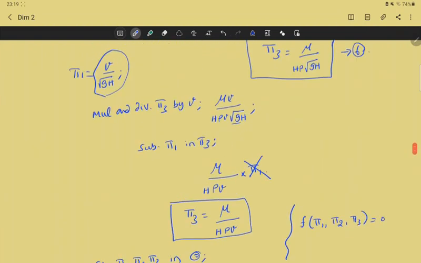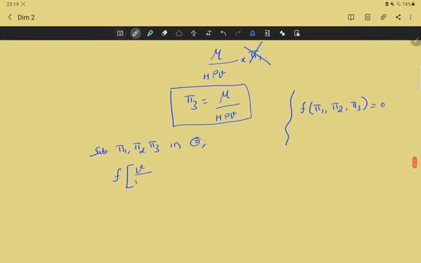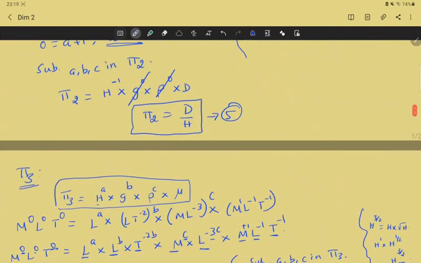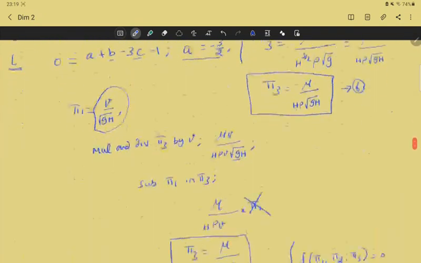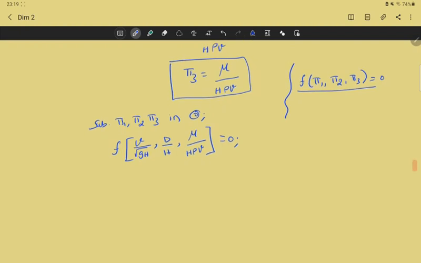Pi 1 was v by root gh. Comma, what is pi 2? Pi 2, if I remember, was d divided by h. Comma, pi 3 is mu divided by h rho v, equals 0. That is what this function is.